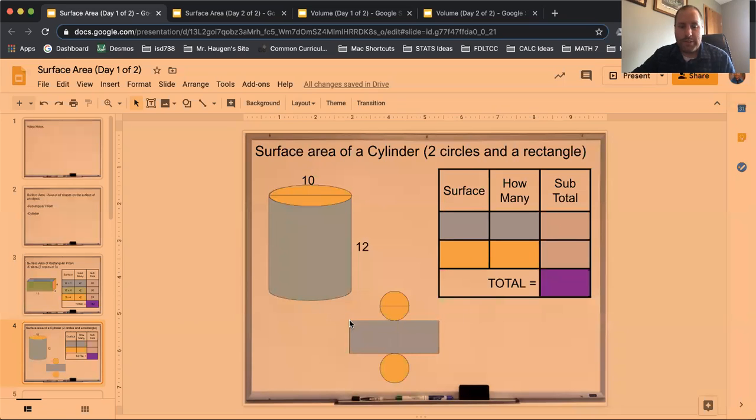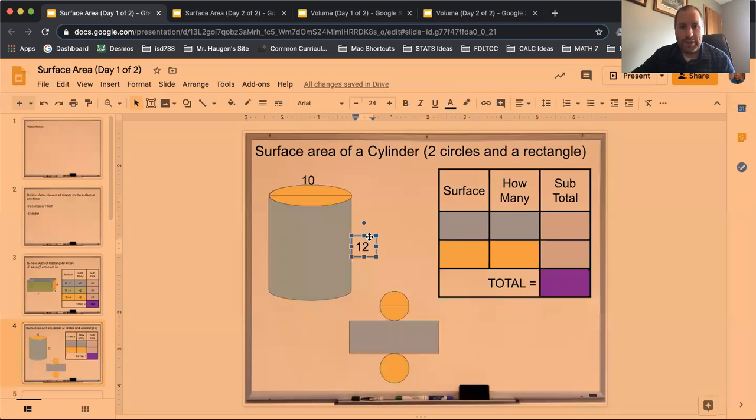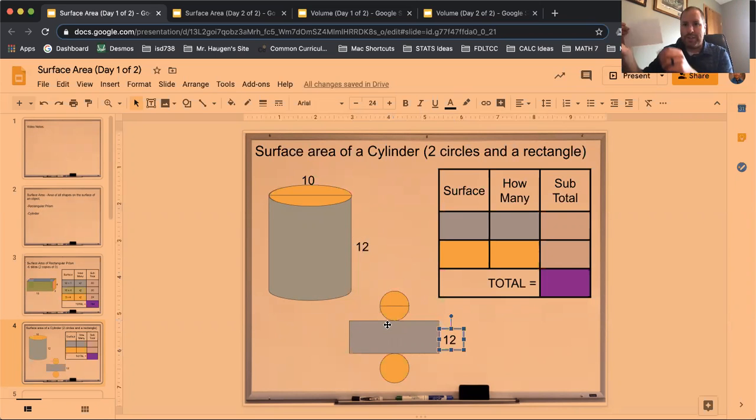So this surface here is 12 on one side. If I bring this down, it's a height of 12 here, and that's that same one. Now this top surface is a little bit different because it is the circumference around here, right? This whole top side has to turn into a circle. It's the circumference of that rectangle, okay?